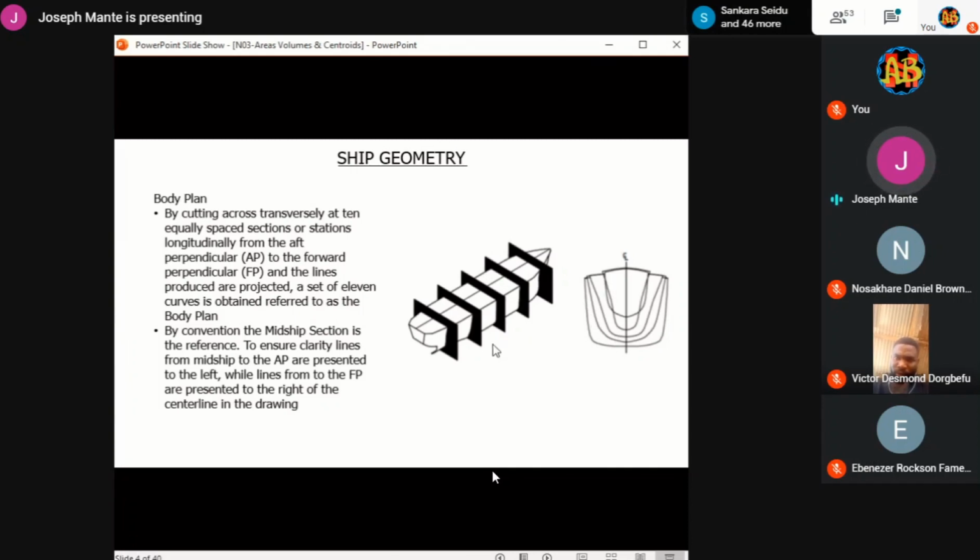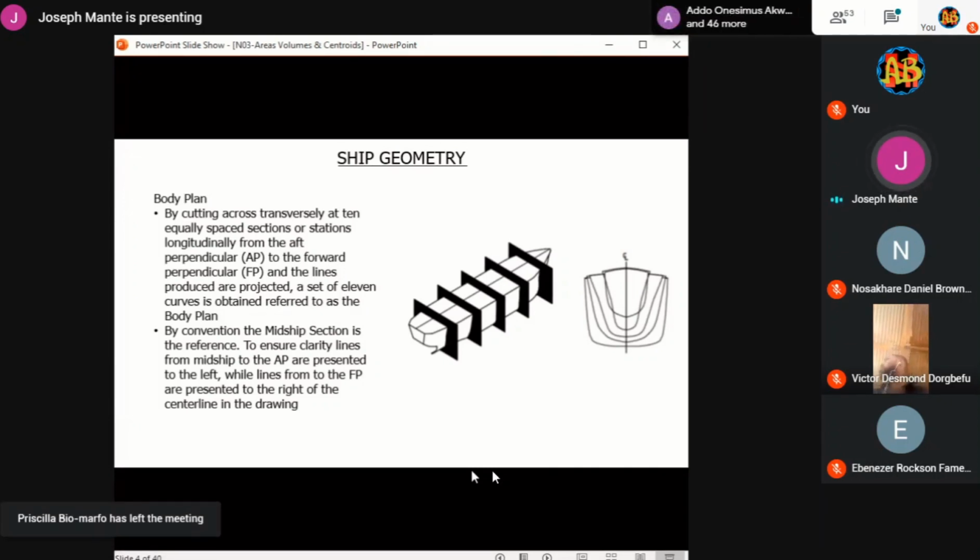So at every section you divide them. These are all to help you to be able to calculate for the volume, for the area, and the centroid of the ship. Especially this body plan, it will help you to calculate, because as I said earlier on, if you are using the integration method and the approximation integration method, you cannot just calculate the surface like that, because it's an irregular body.